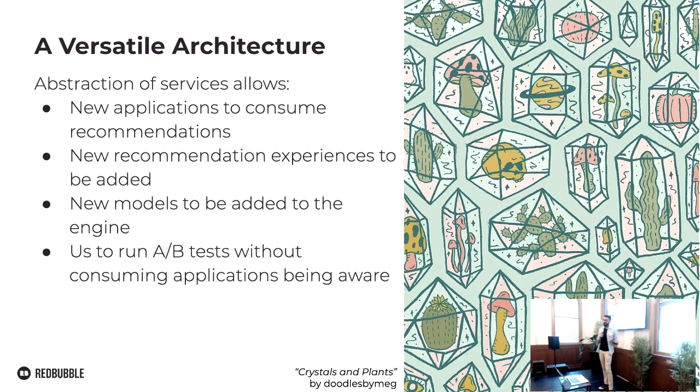So one, this architecture allows new applications to use existing recommendations. We don't have to provide a specific adapter for every new service that might want to use it. It also allows us to quickly add new recommendation experiences inside our recommendation service. And also, if we want to change the entire architecture underlying this to a different recommendation model, i.e. maybe we want to move away from collaborative filtering to a user content-based strategy, we could just swap it out under the covers and then no consuming applications would be any the wiser.